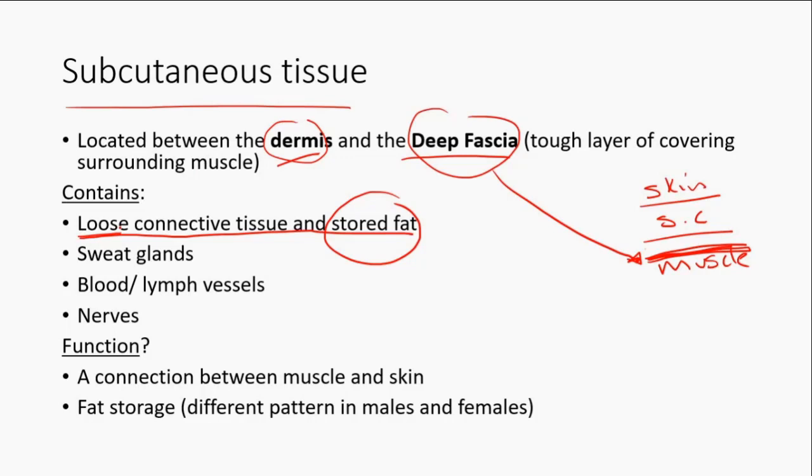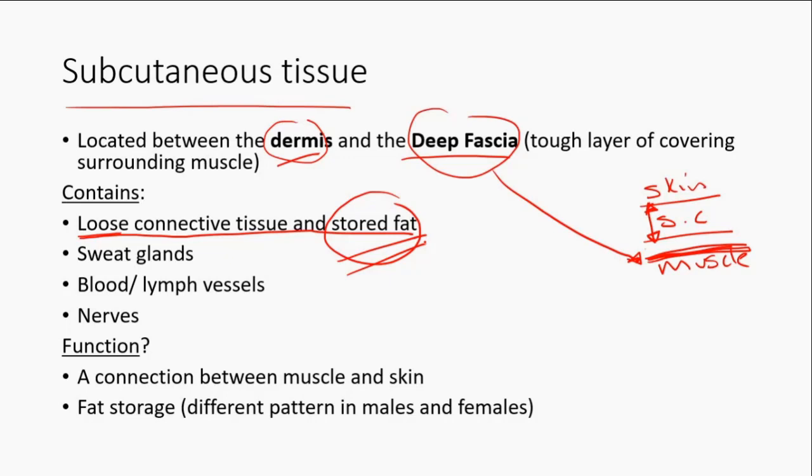Well, the subcutaneous tissue is connecting the skin to the muscles, basically. Another really important function of the subcutaneous tissue is to store fat. In this layer of the body, this is where we store our fat.